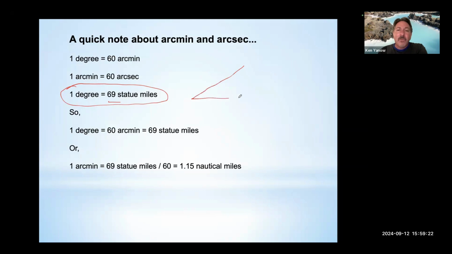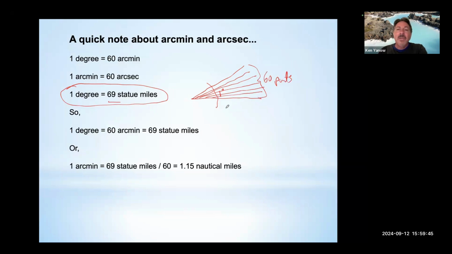So let's say, for example, that this is 1 degree. Latitude or longitude, it doesn't matter. So this 1 degree, again, is 69 miles. But we can break down this 1 degree into 60 equal parts. So let's do that. Let's make these 60 equal parts.